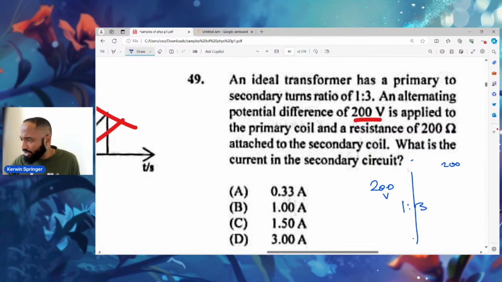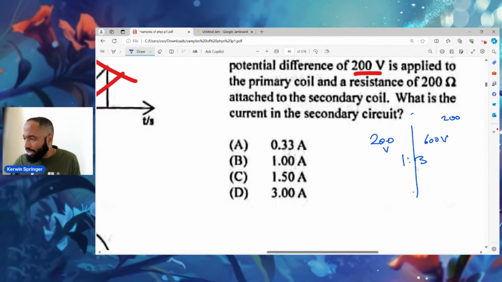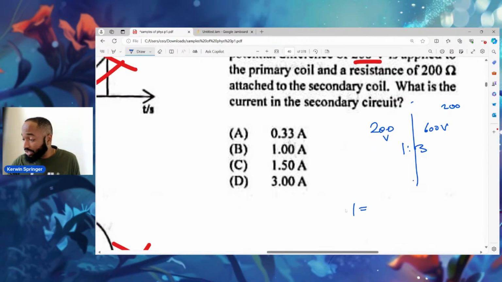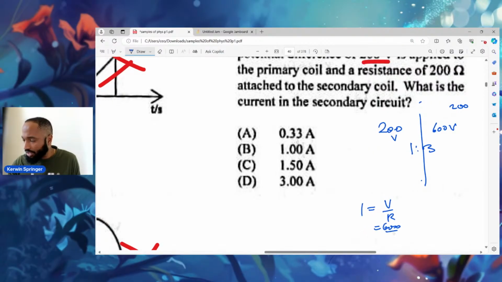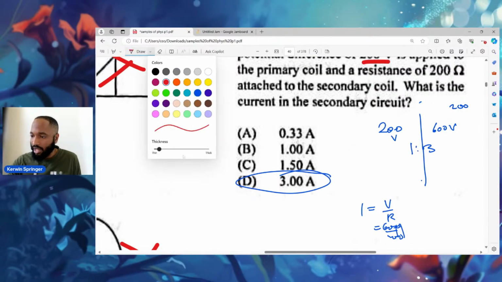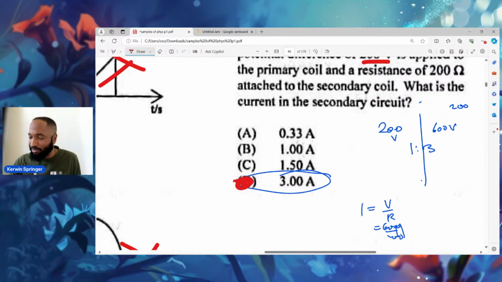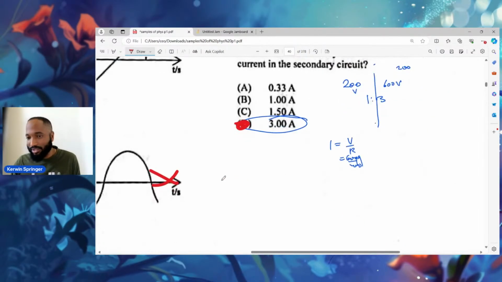So you expect 600 volts here. V is equal to IR, so I is equal to V over R. You expect 600 divided by 200, which is 3. Very good. Well done, class. I feel all ready. Better they bring the exam tomorrow, even on a Sunday.